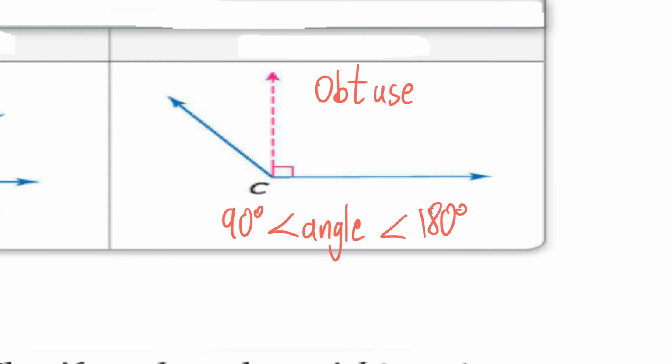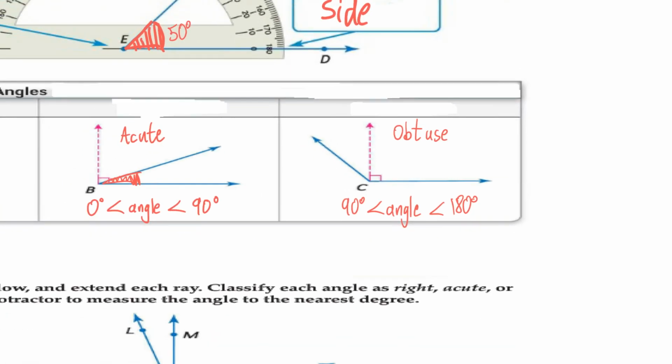It's bigger than 90, but less than 180. So anything between there, like 91 degrees, 92 degrees, all the way up to 179 degrees, or for that matter 179.8 or 179.9. That's still obtuse. It's less than 180, but bigger than 90.